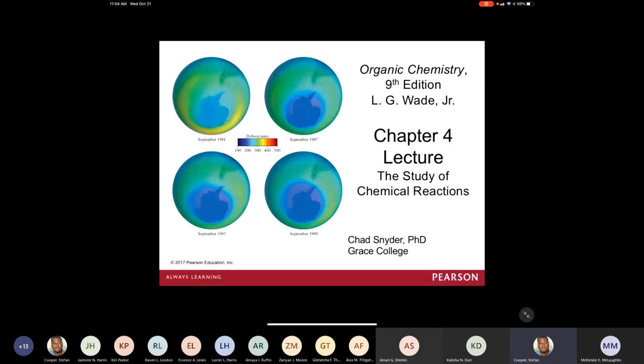So this point of class marks a very important milestone for us. We're moving away from looking at molecules and trying to understand how they look in solution, and now thinking about reaction chemistry. For most students, this is the meat of organic. This is going to be a common theme.